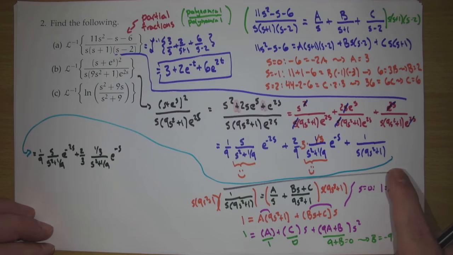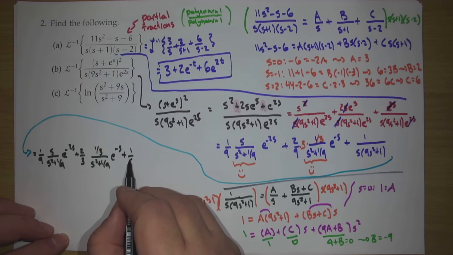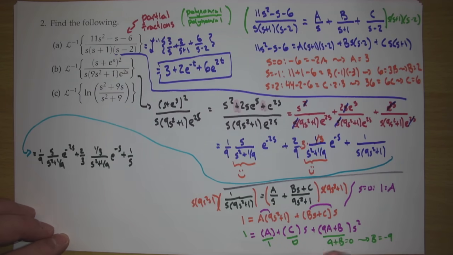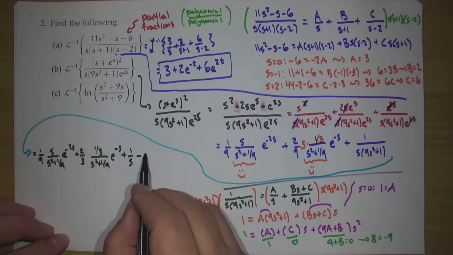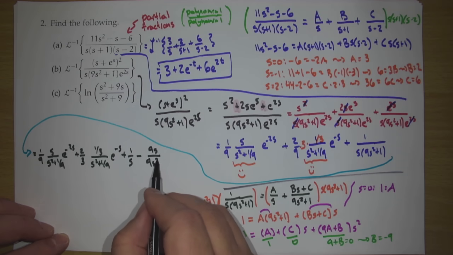And now this 1 over s times 9s squared plus 1, well, A equals 1, so that's plus 1 over s. B equals negative 9, and C equals 0. So this is one of the classic cases. So it's minus 9s plus 0, so minus 9s over 9s squared plus 1.